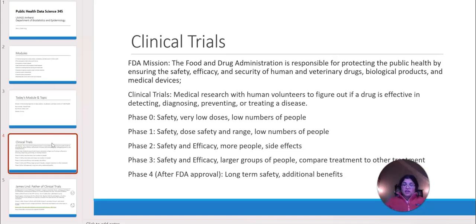Phase 3 is the largest study before approval, and this involves much larger groups of people, and they can be designed in a complex way, and it's to compare the treatment with other standard treatments and see if there's an additional benefit. And based on that, the FDA may approve your drug. Phase 4 involves thousands and thousands of people, and it's to continue studying the long-term safety of a drug and any additional benefits that it may have.